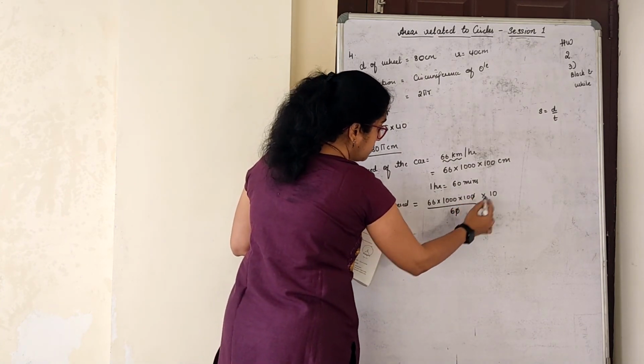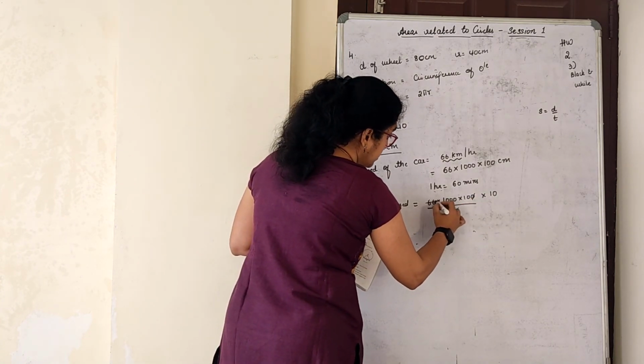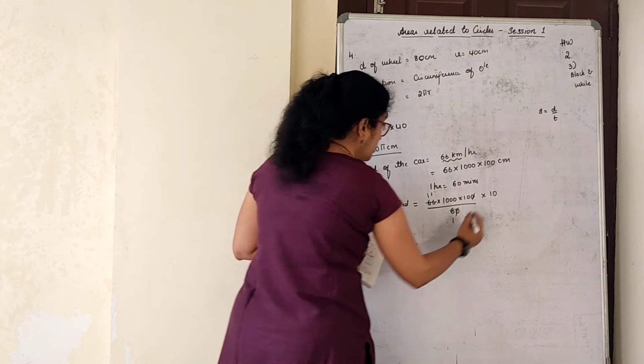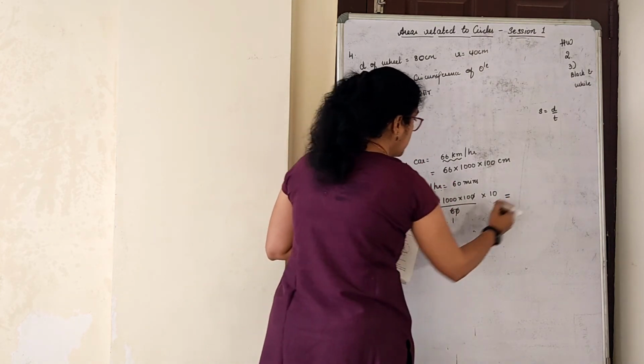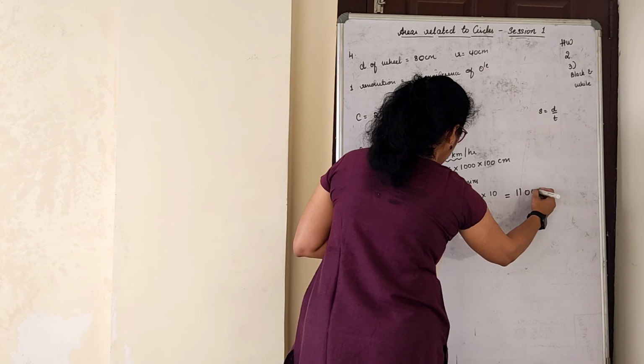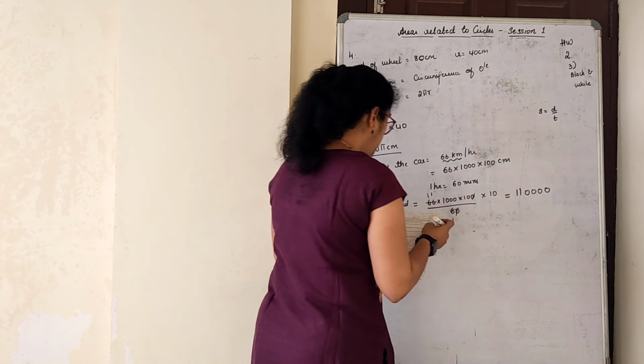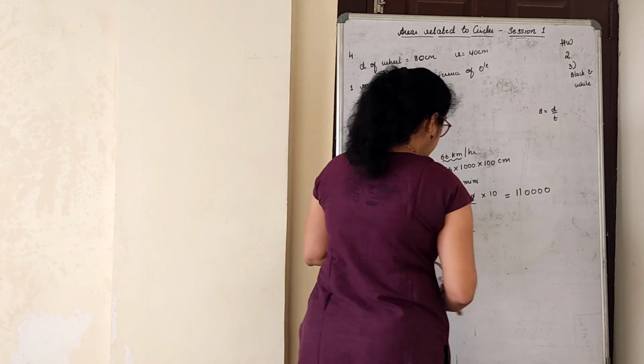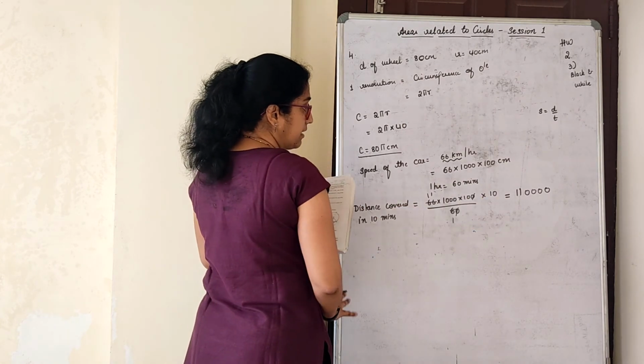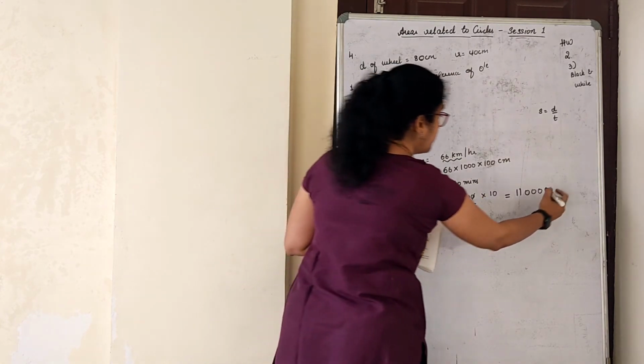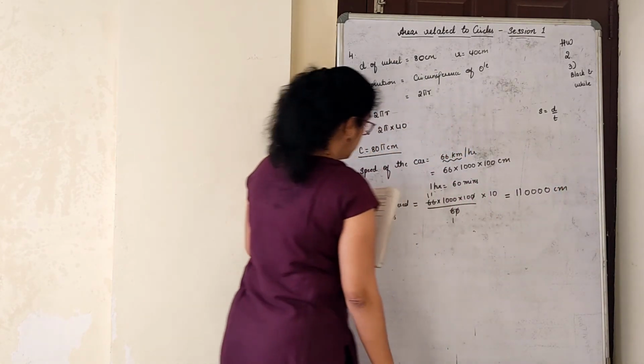Cancel whatever possible here. 6 ones are 6, 6 ones are 6. So distance covered in 10 minutes is equal to 11, 1, 2, 3 and 4. Keep this as it is here. Is this part very clear? We have got the distance covered in 10 minutes.